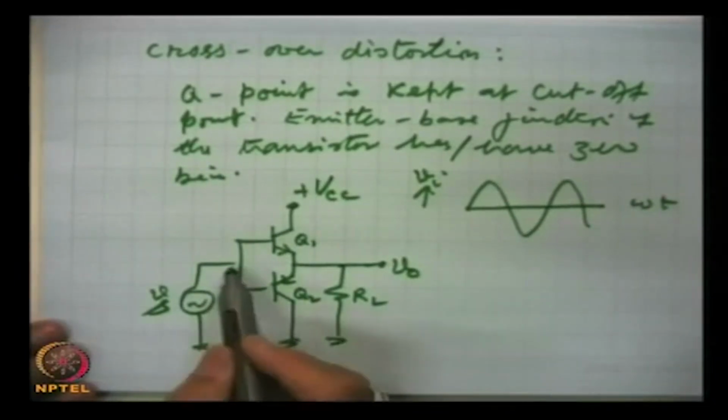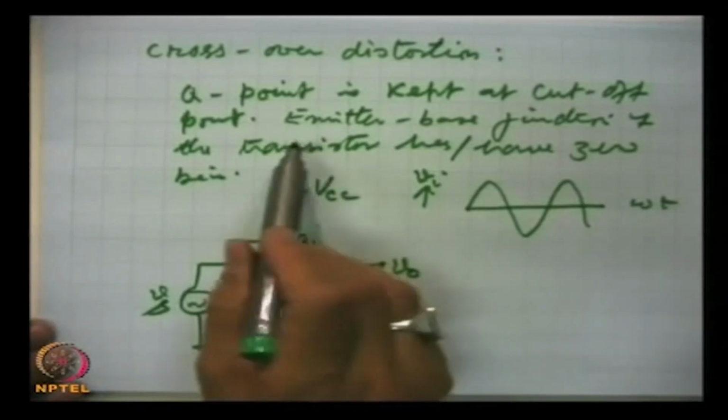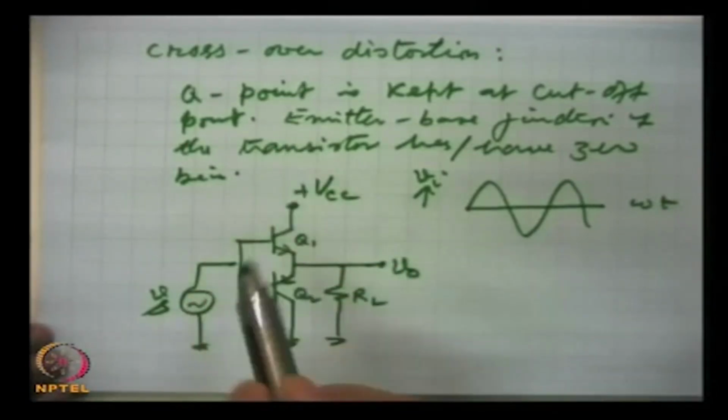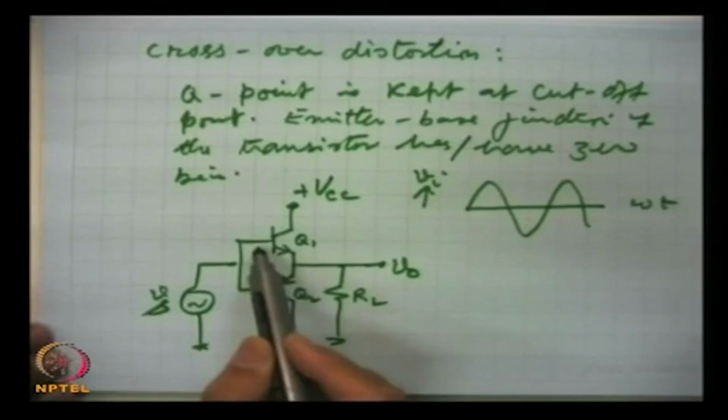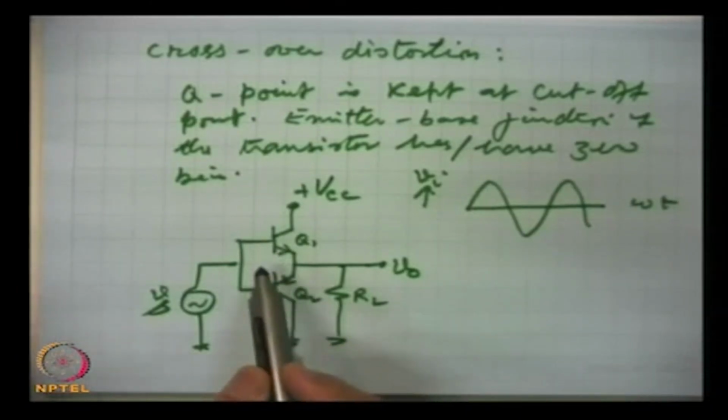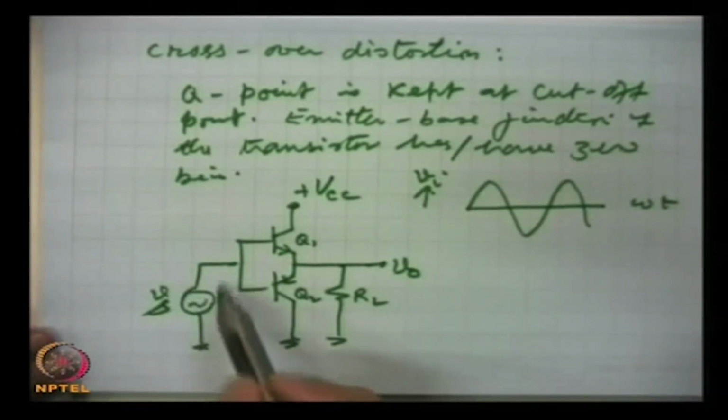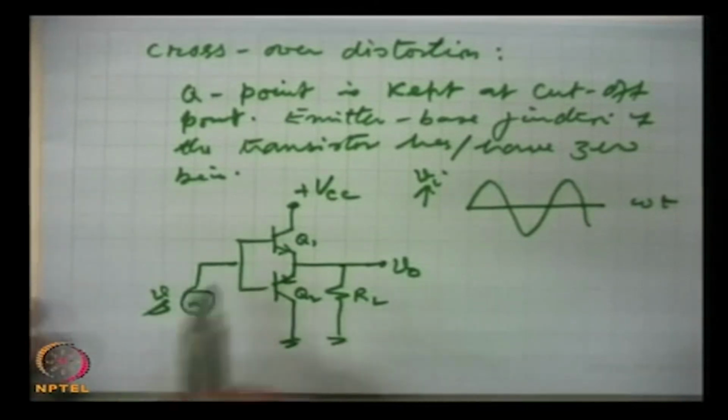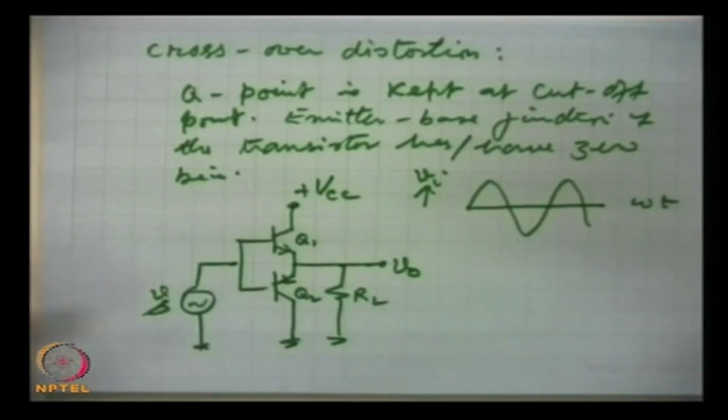Now, strictly speaking, in the B operation the emitter base junction is at 0 potential. And we remember that if the devices are of silicon, then this transistor will not come to conduction state unless the emitter base junction is forward biased by 0.7 volts, that is required.